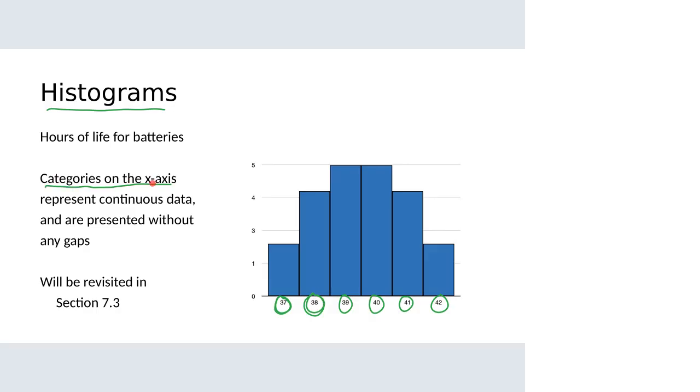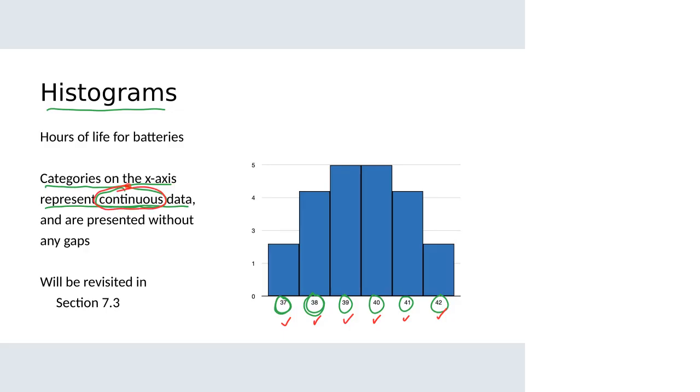Our categories that are on the x-axis represent continuous data. If you look, green, blue, and brown, we can put in any order. But the data we have here, 37, 38, 39, 40, 41, 42, we wouldn't want to rearrange those. There's a certain order to them based on the kind of data that it is.